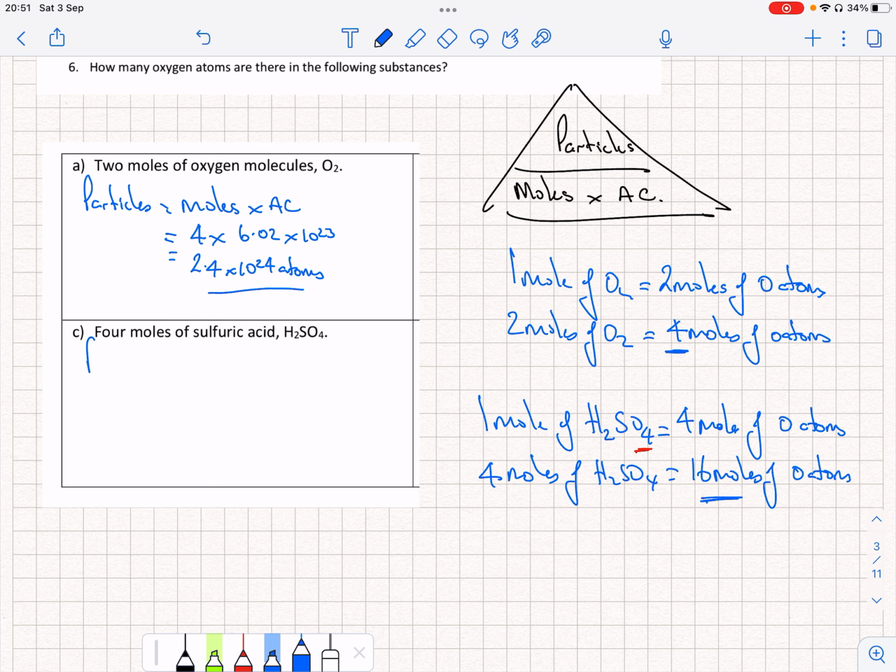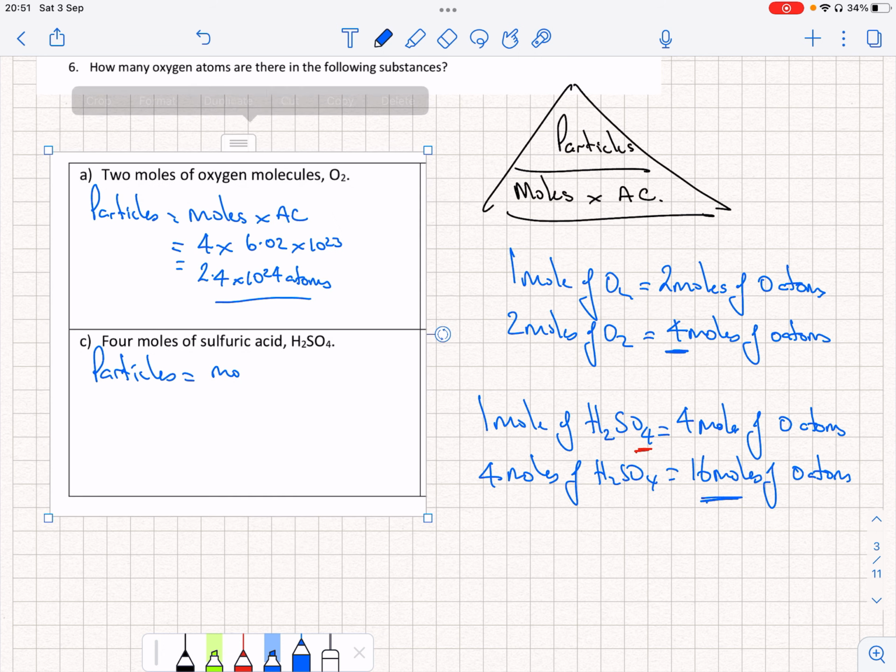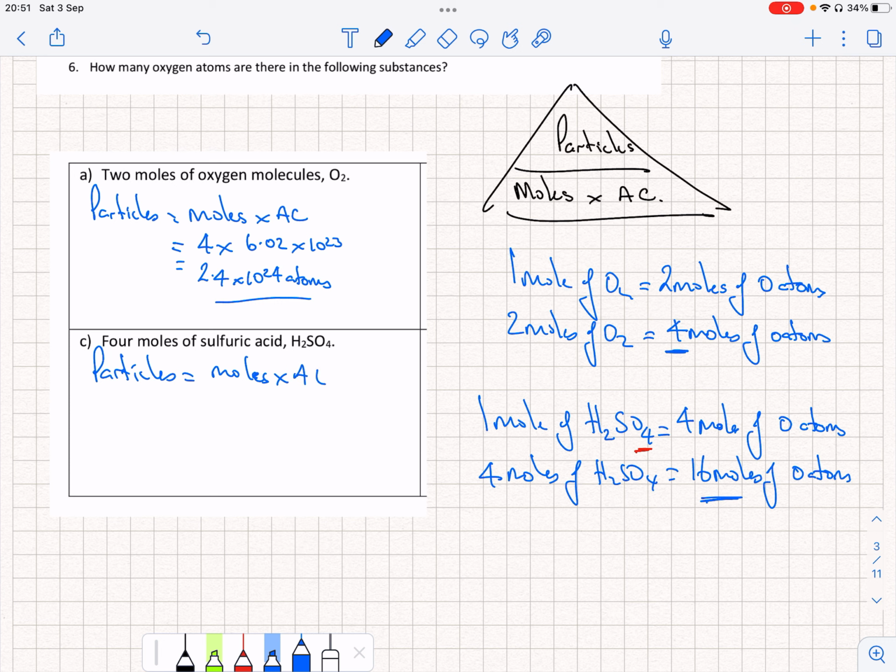To work out the number of particles, we go back and we use our formula. So the formula is going to be moles times AC. So the moles in this case is 16. We've got 16 moles of oxygen atoms times by Avogadro's constant.